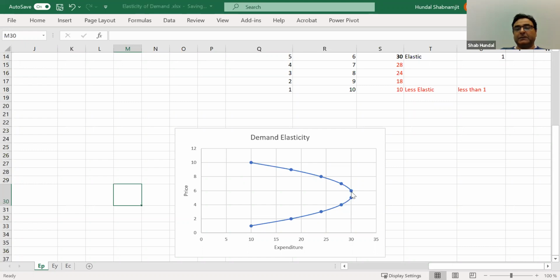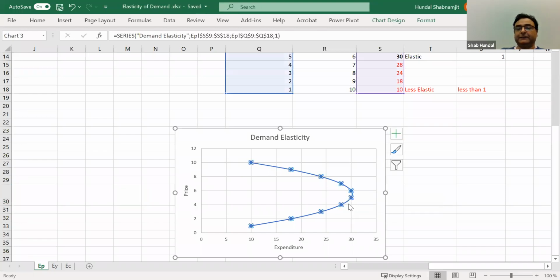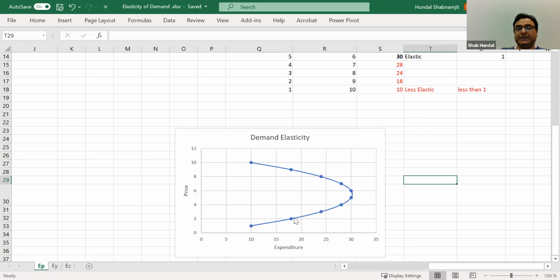The price falls, but the expenditure remains the same. It doesn't change. And then there is this portion where the price is falling, but the expenditure is also falling. When the price falls and the expenditure falls, it means that the quantity demanded is increasing, but not too much, so that your overall expenditure is less.